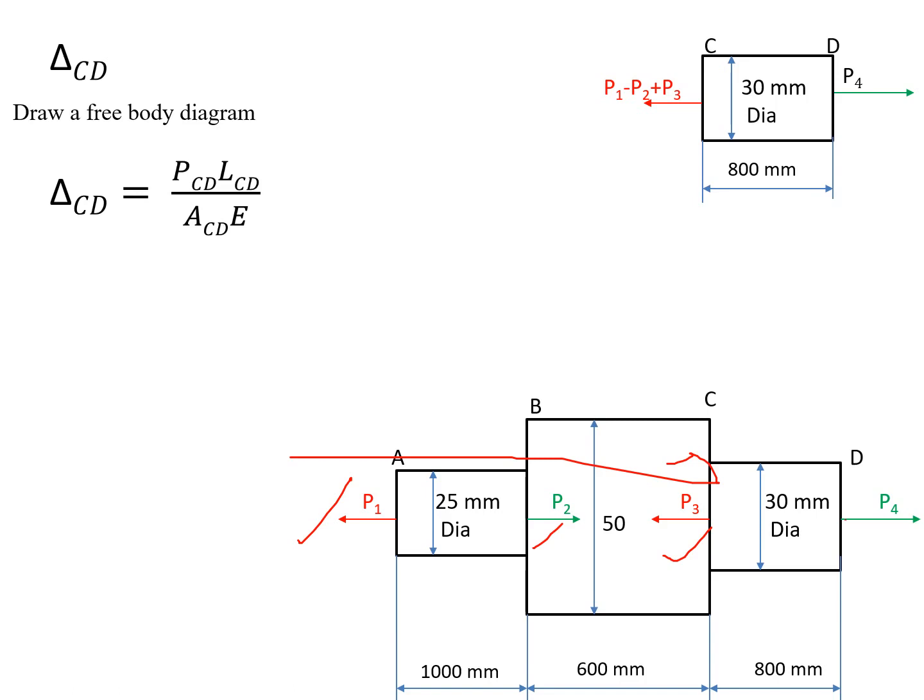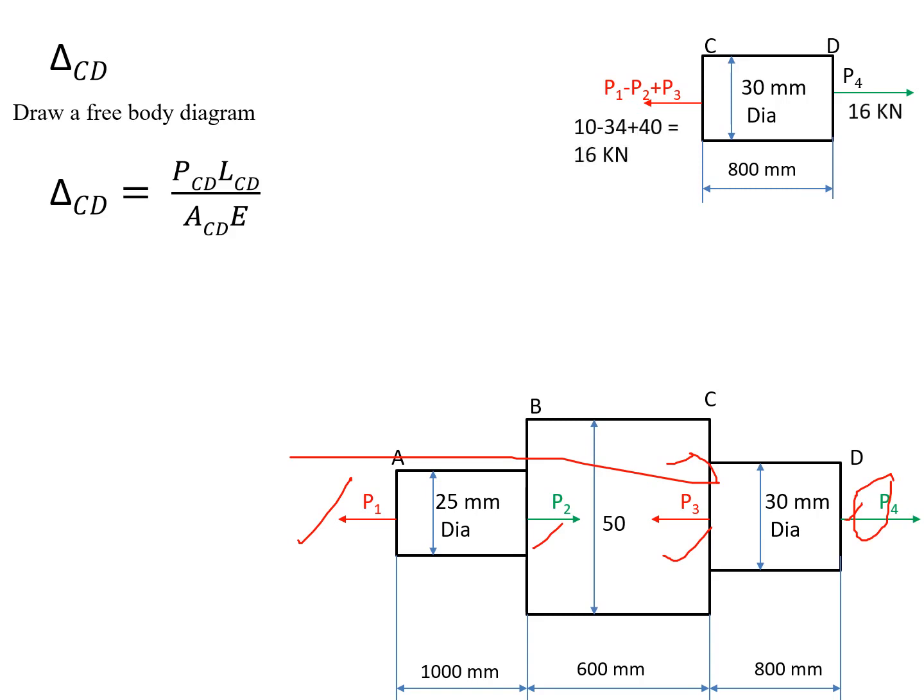Similarly, in the right hand side you have to observe that only one force is acting, that is only the P4 force. The nature of the P4 force is tensile, so plus P4. Then you have to substitute all the P1, P2, P3 and P4 values.